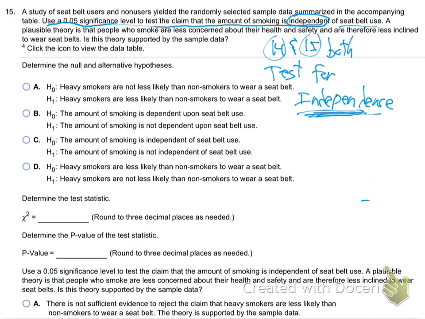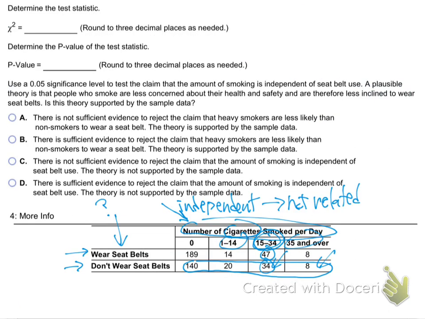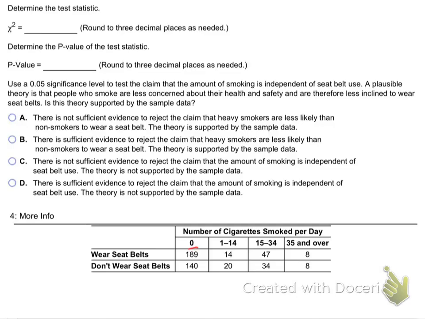That's how you recognize this on the exam. They'll use the word independent. Test for independence. Okay, so how do we do it? Well, we have to put this matrix into your calculator. How do you do that? You hit second, matrix, and that gets you to the matrix menu.